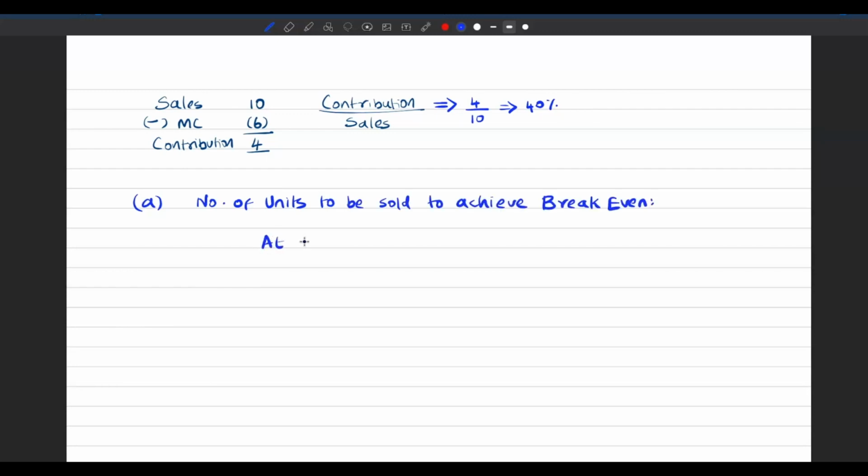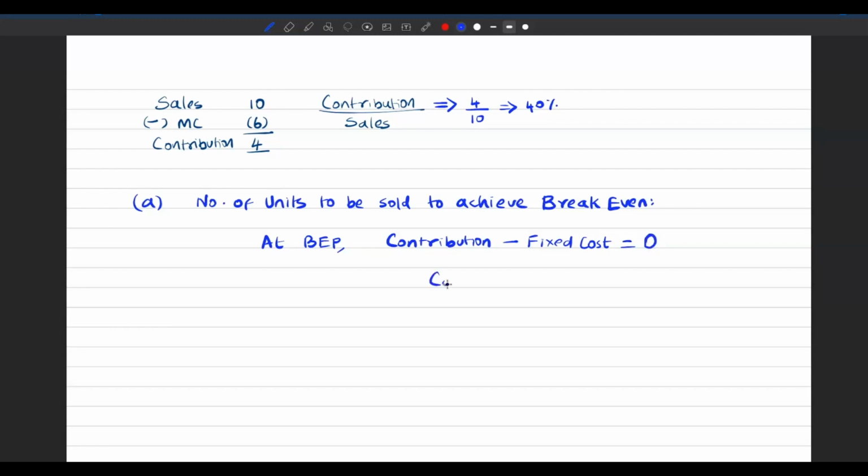So, at break-even point, what will happen? There is no profit, no loss. It means from contribution, if you deduct fixed cost, you are supposed to get profit or loss. But at break-even, the contribution will exactly match your fixed cost. So, there will be no profit, no loss.